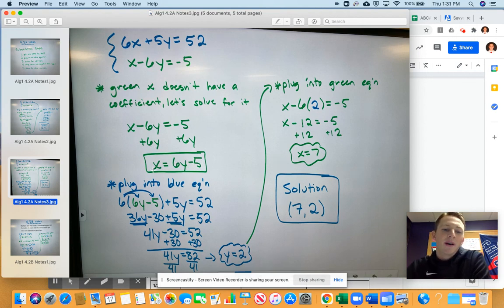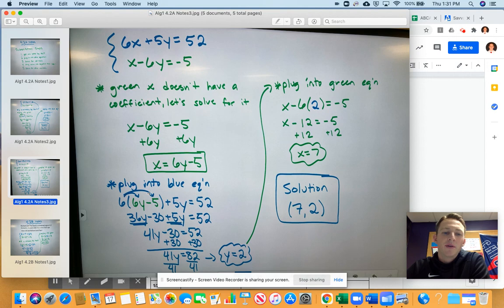And once we get that x by itself, we just plug it into the other equation. So we're going to plug that green into the blue equation. Since x is by itself, we're going to plug in 6y minus 5 into where the x was in the blue. So instead of 6x, it is now 6 times (6y minus 5) plus 5y equals 52.